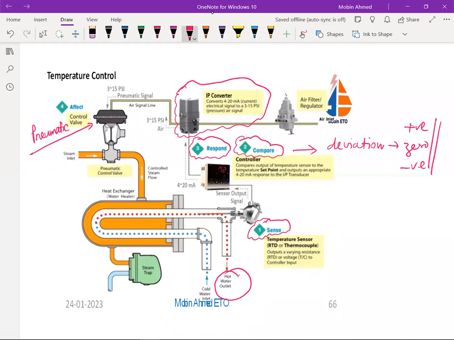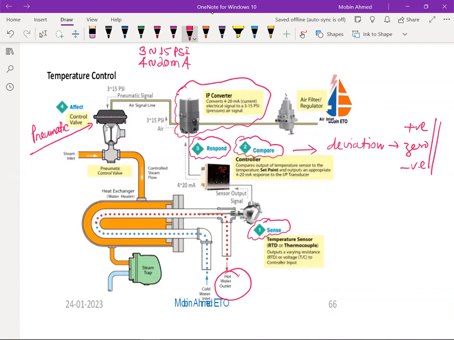Now, pneumatic control valve, generally on top we have the diaphragm, and we are going to give a pneumatic signal. So that will be proportional to the 4 to 20 milliampere. That means 4 milliampere is going to be 3 psi and 20 milliampere is going to be the 15 psi. So this is the PSI pneumatic signal we are going to do.